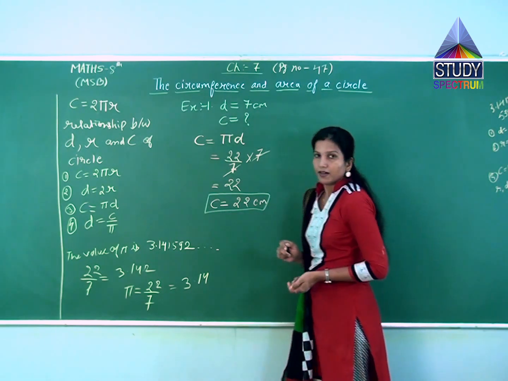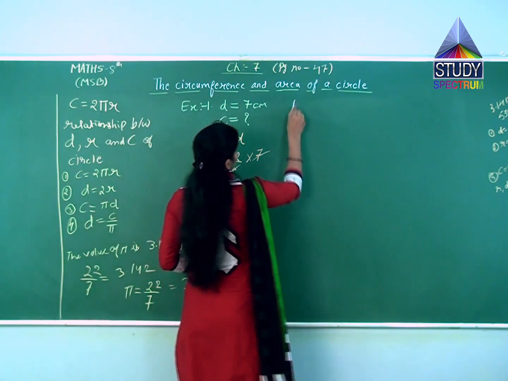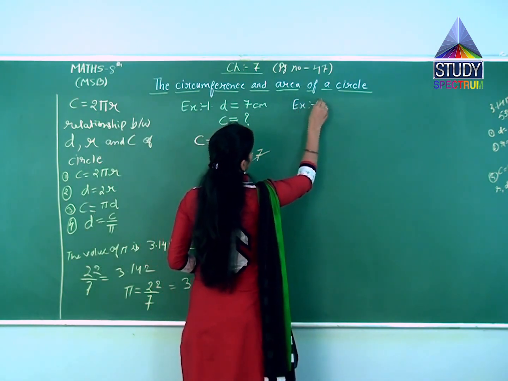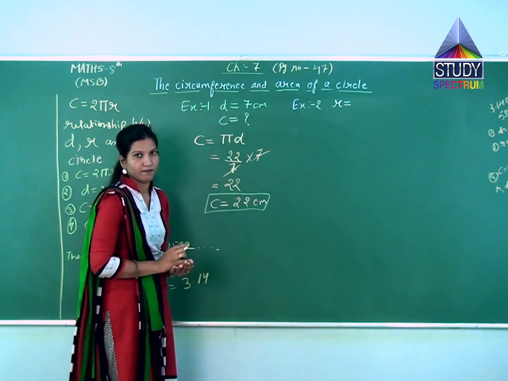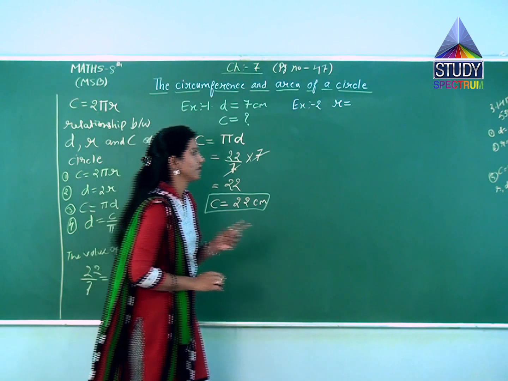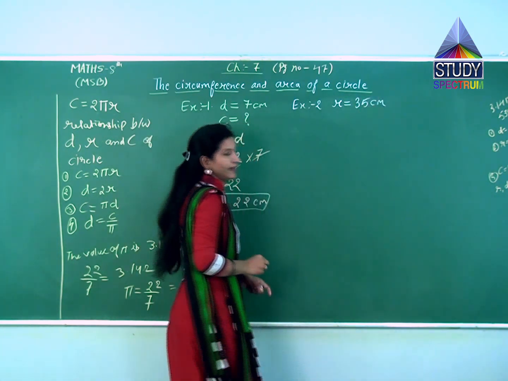Now let's move to the second example. In example number 2, we have given the radius of the circle. What we have given? The radius of the circle, which is equal to 35 cm.